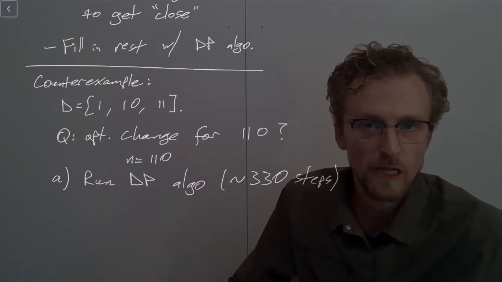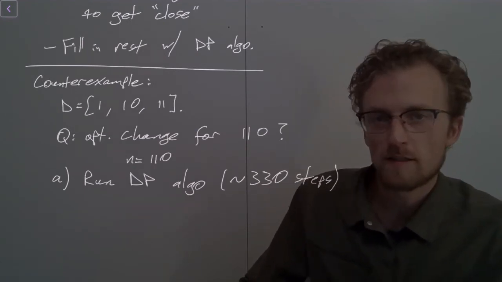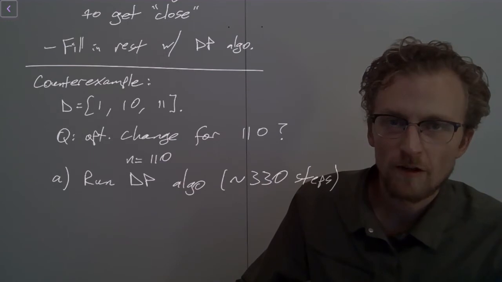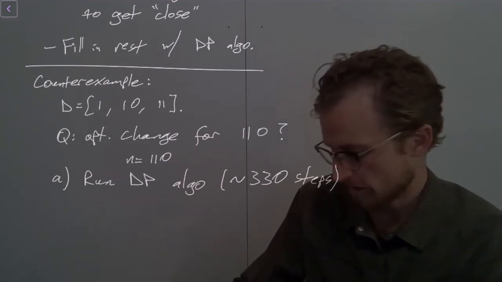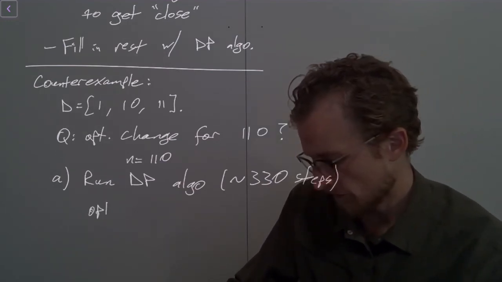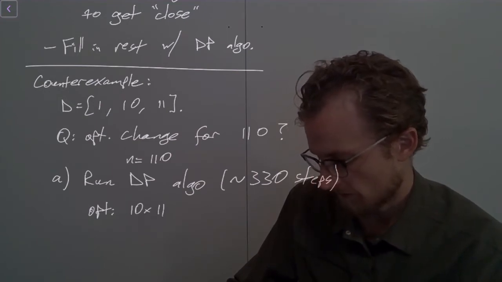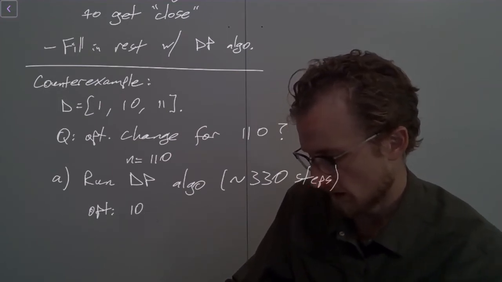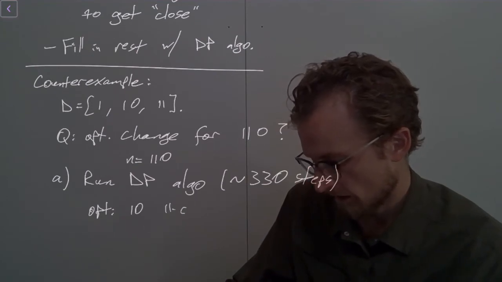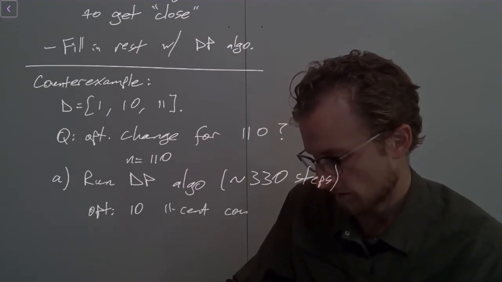Now, what's the optimal answer? I hope it's pretty obvious that the optimal thing to do here is to put down 10 11-cent coins. What is my optimal? 10 times 11. So let's write it like this: 10 11-cent coins.